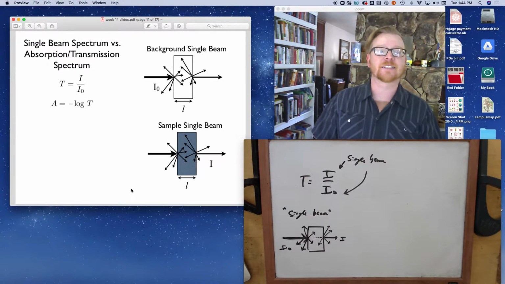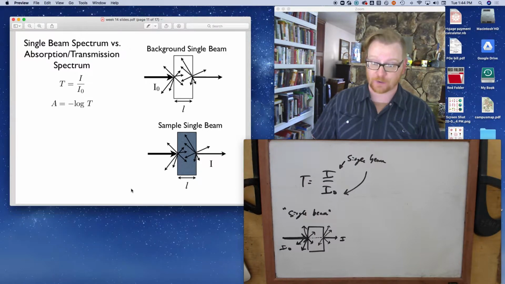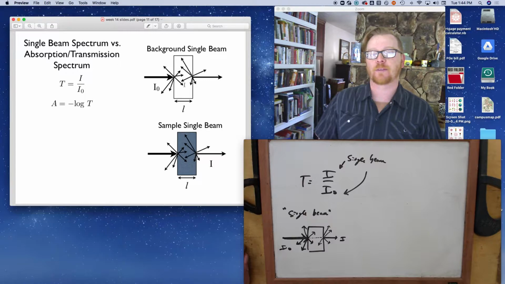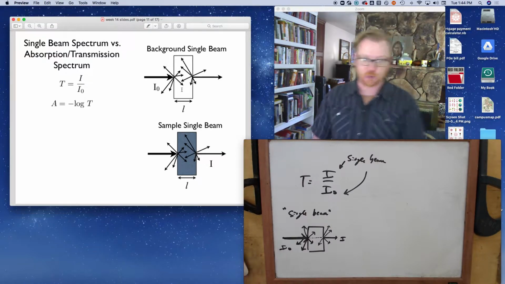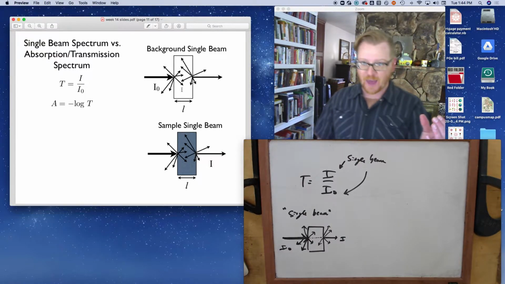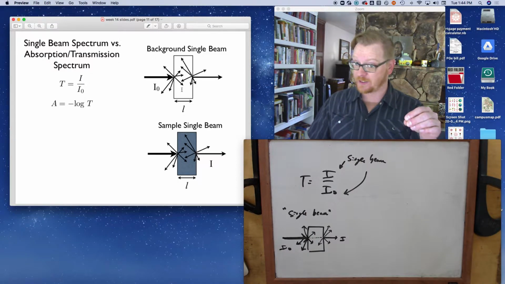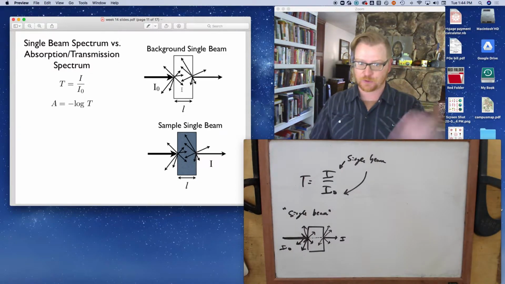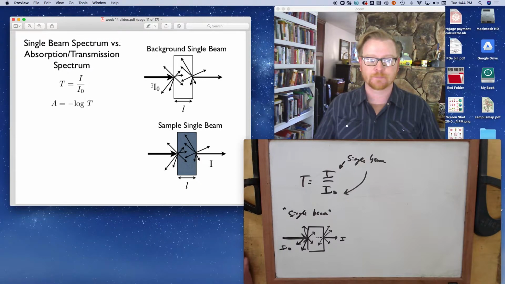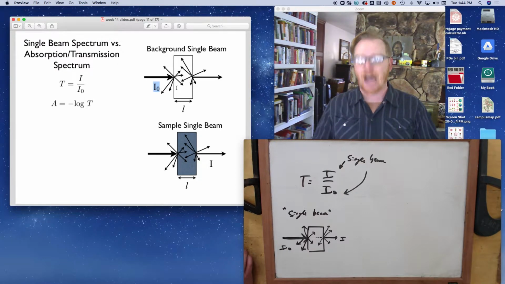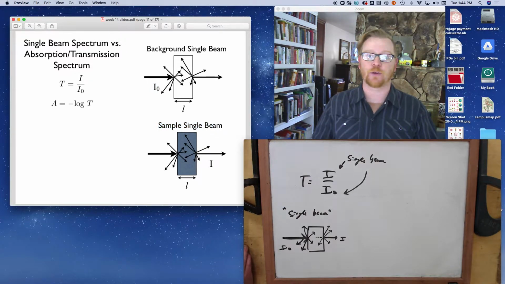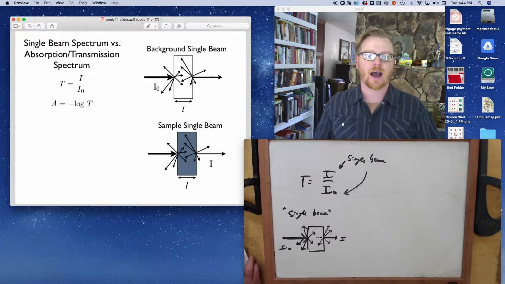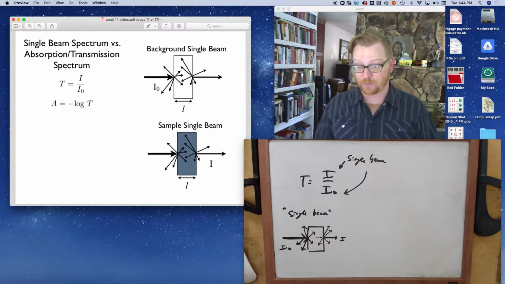So, as is typical in an absorption spectrum, you take a single beam of a background. If you have a sample in a cuvette that's in a solution, you'd have the cuvette and the solvent, but not the solutes. That would be your background single beam, where you record I naught. And then consider that in your sample single beam, you use the exact same cuvette, but now you fill it up with some molecules.